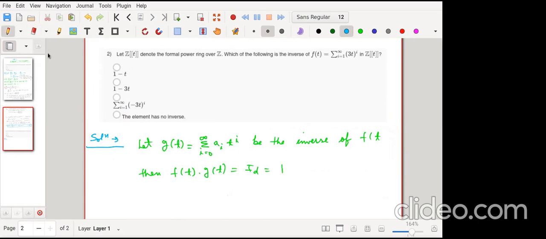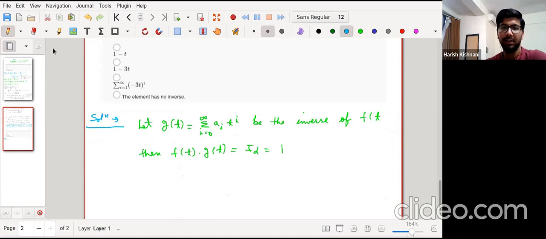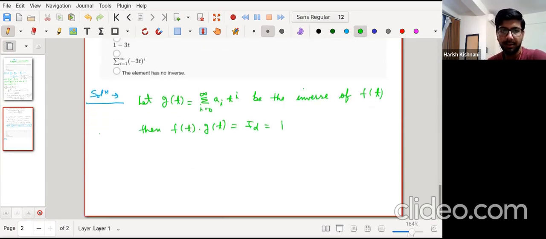The value of a naught is 1. Okay, let me check. So F(t)G(t) is identity. So the summation of i equal to 1 to infinity of 3 raised to i t raised to i, times the summation of i equal to 0 to infinity of a_i t^i, is 1.